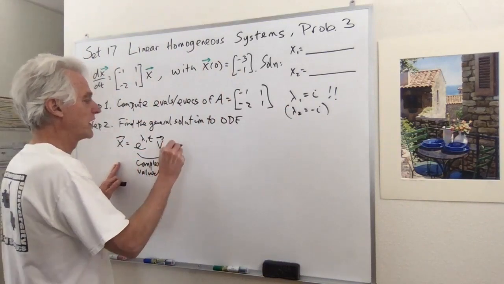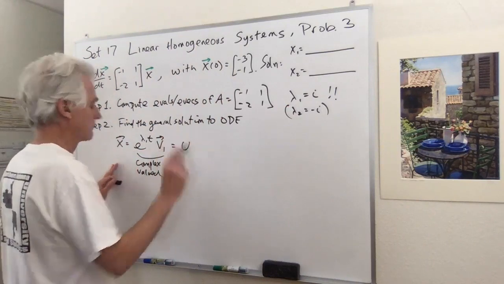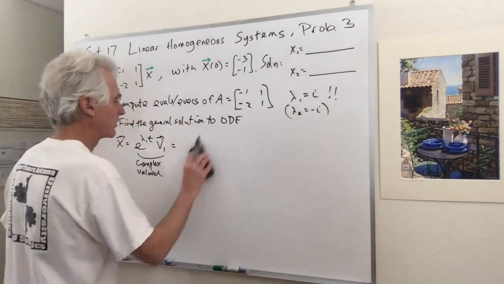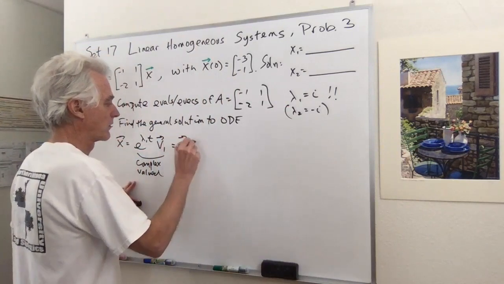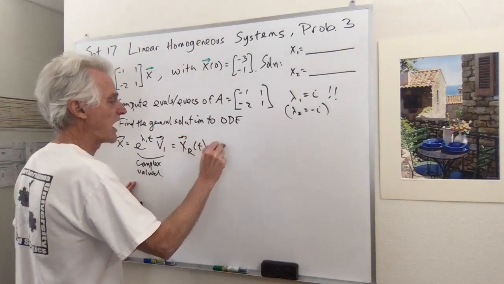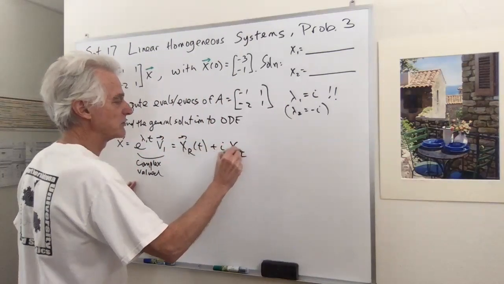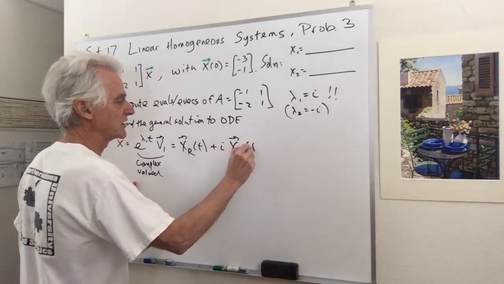So what we're going to do is write it as x sub r, the real part, plus i times the imaginary part, x sub i of t.